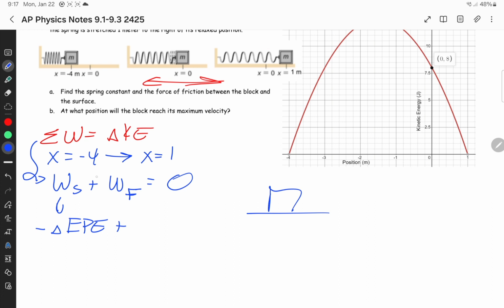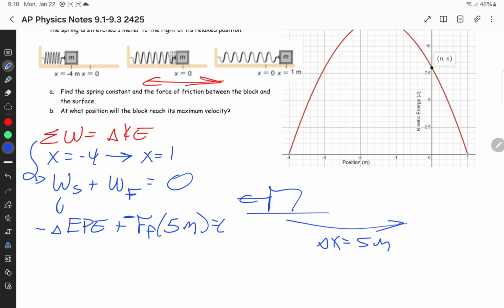Our block is going from a position of -4 to a position of 1. So our displacement's going to be 5 meters, and friction's going to push against it. That's an unknown. So we got force of friction. I guess let's tack a negative on there, because we know that the force of friction is going to be negative, times the distance it goes, which is 5 meters. That's got to be 0.